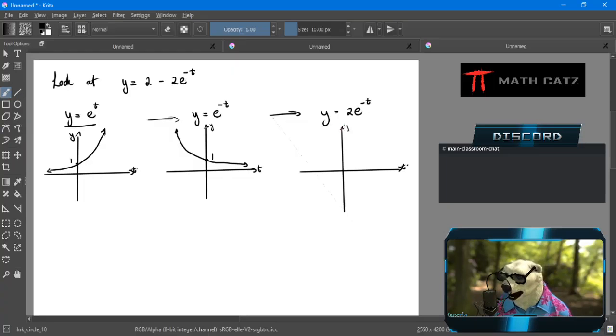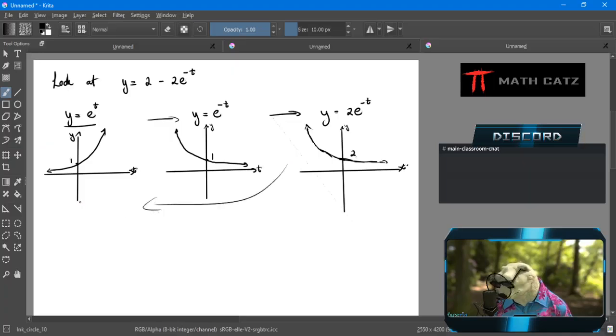I'm just stretching it out a little bit. I'm not going to emphasize the stretch too much. I'll indicate. Oh, come on! I'm so wobbly this way around. I'm going to do it in little pieces. But my y-intercept is now at 2 because I've stretched it vertically.